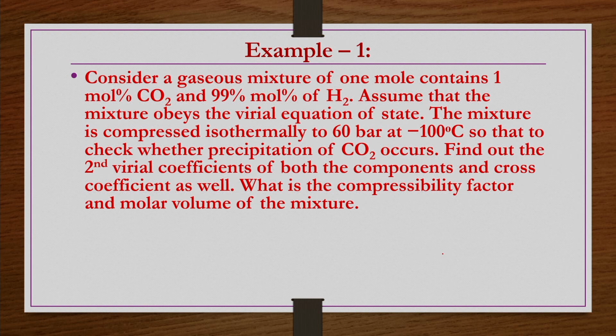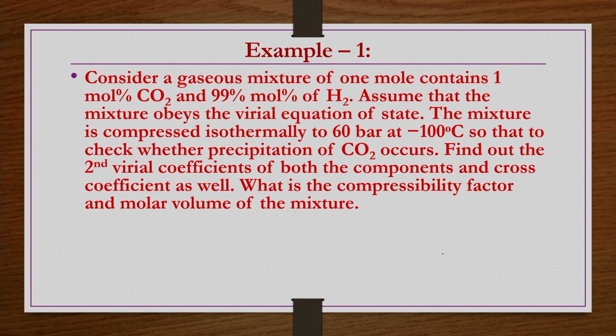So, we have to use a correlation to obtain this second virial coefficient, because intermolecular potential information is not given; only the components and the composition of the mixture are given. Two components are given and their mole percentage composition is given. From that information we cannot obtain the second virial coefficient.